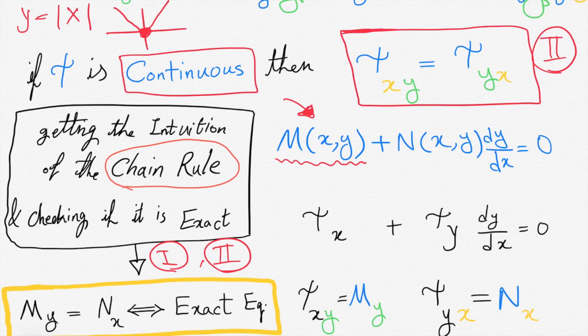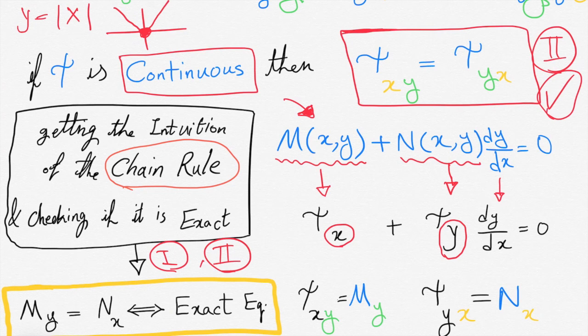Therefore, if we have a differential equation like this, and we say that this m is equal to the partial derivative of xi with respect to x, and this n here is equal to the partial derivative of xi with respect to y, and also this times dy over dx.